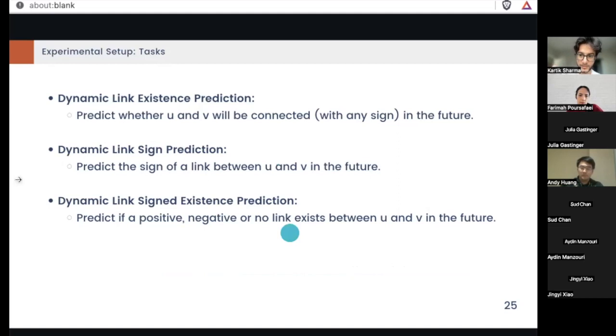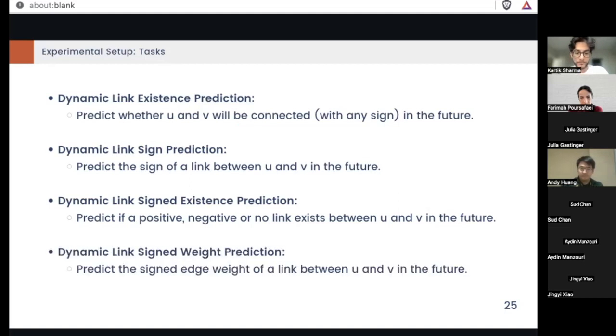The third task is 3-class classification. We can do the first and then the second in a pipeline: if we first predict whether there would be a link or not, and if there is a link, then we predict its sign. But this requires training two different models, so to say. The third task trains just one model to predict both tasks. Thank you.